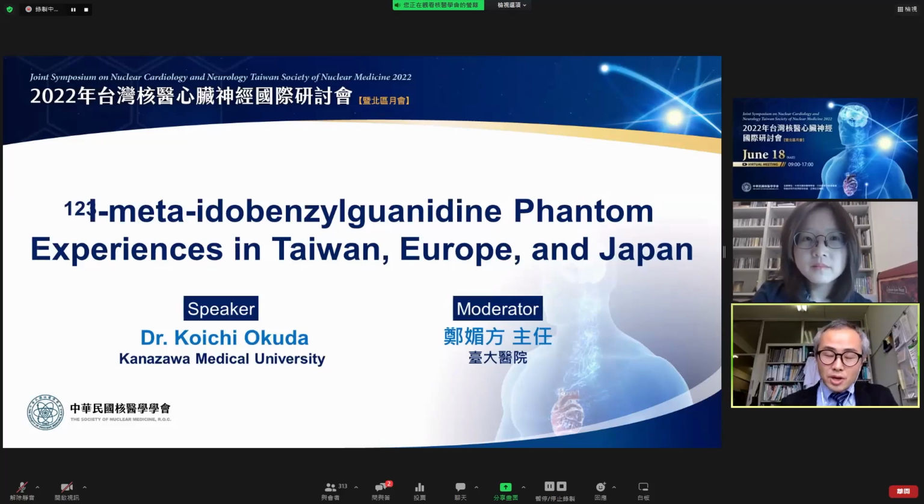The HMR values will be higher, and I think quantification is equivalent to the planar imaging. However, the variation of HMR will be increased due to the volume of interest setting in SPECT images.